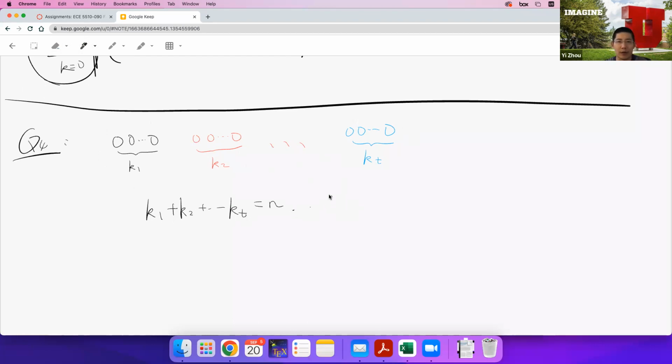And the balls that are in the same type are indistinguishable. So the red balls are exactly the same as each other. They are indistinguishable from each other.